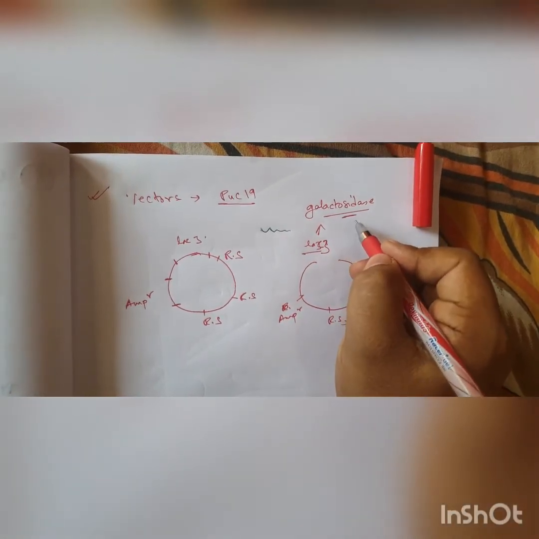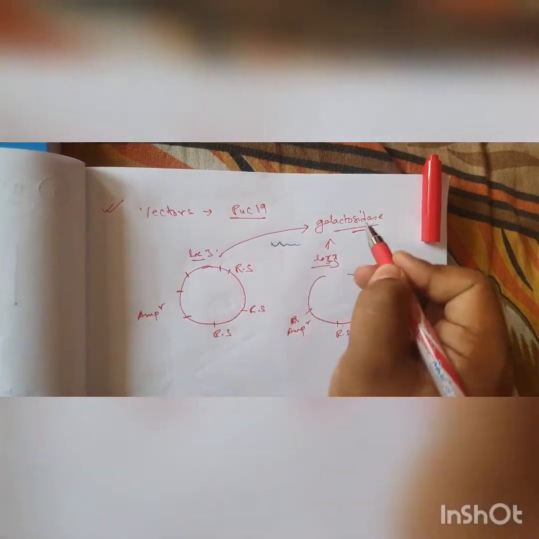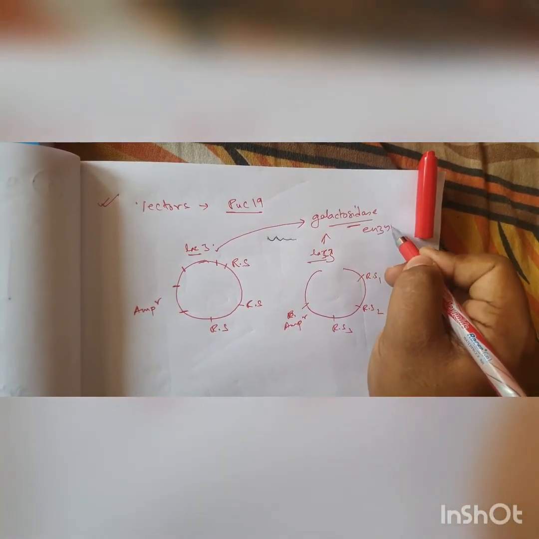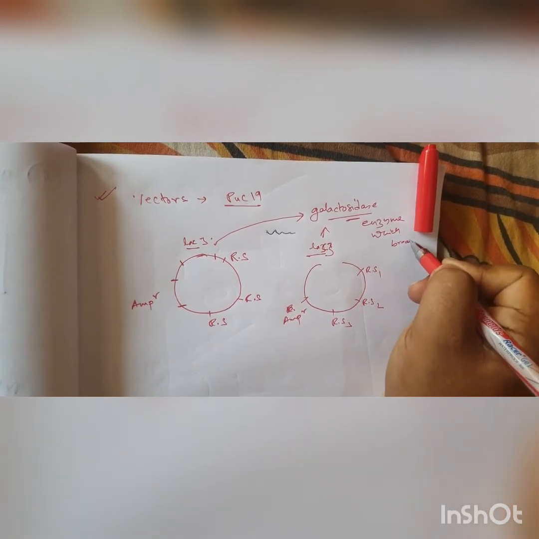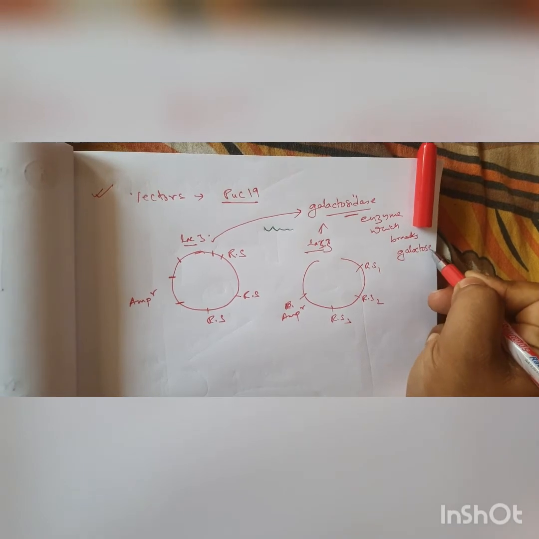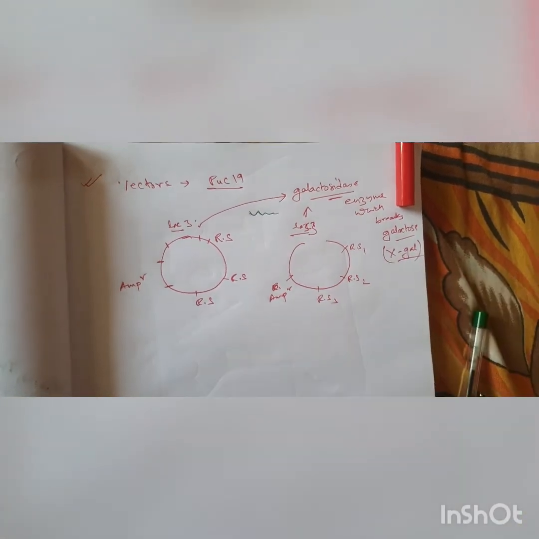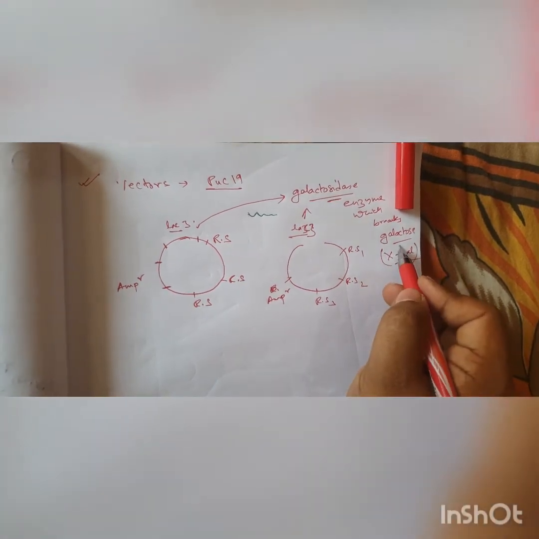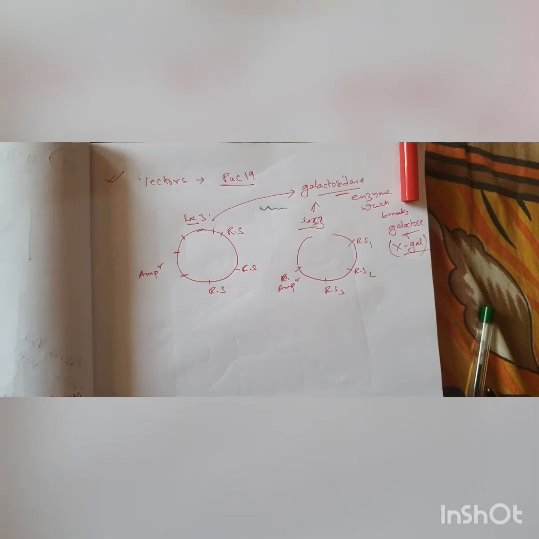A galactosidase is an enzyme. LacZ is a galactosidase producing gene, an enzyme which breaks galactose or X-gal, a compound known as X-gal, which is similar to galactose. Okay.